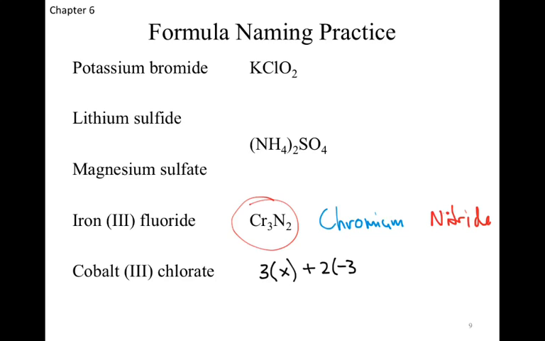Nitrogen always carries a -3, which has to equal the overall charge of 0. We get 3x minus 6 equals 0. 3x equals 6. X equals 2. To specify that, we go back to our formula and say chromium(II) nitride.